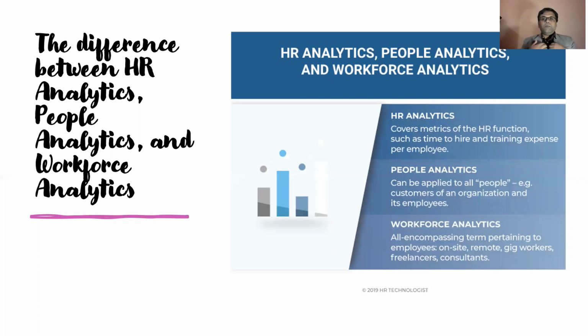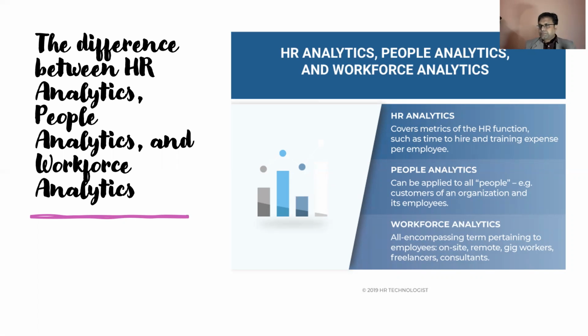Now there are some commonly utilized terms: HR analytics, people analytics, and workforce analytics. Though the terms are very similar in nature, there are subtle differences. In this slide, we are going to understand the basic difference between them. HR analytics covers the metrics of the HR function, such as time to hire and training expenses per employee.